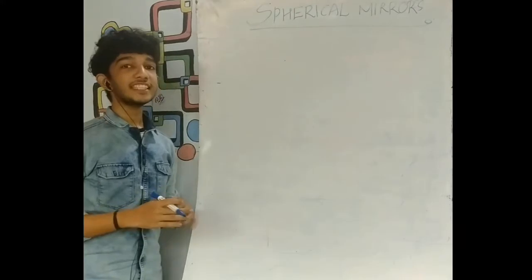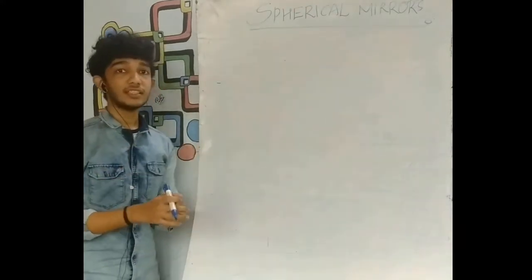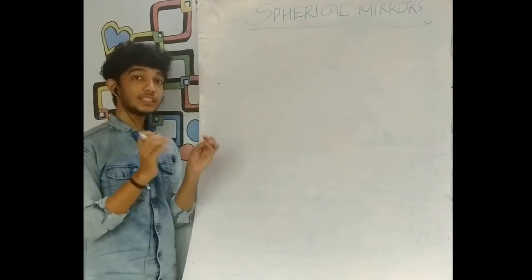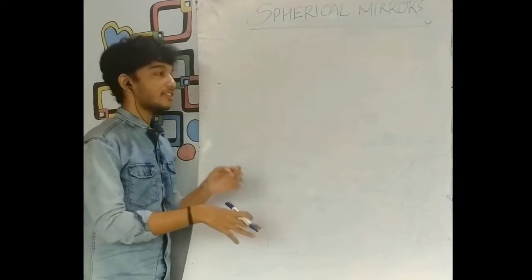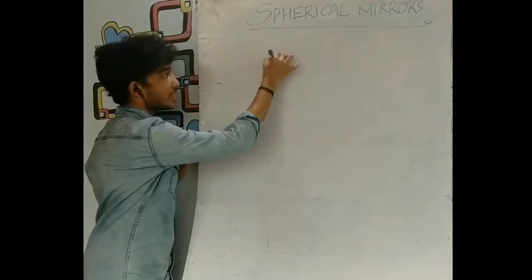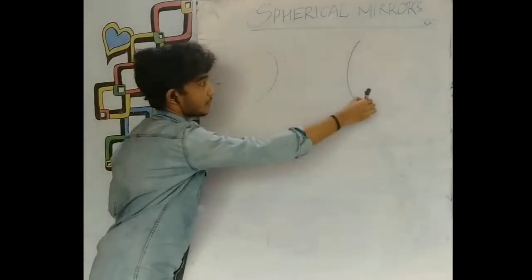Before getting into the topic, let us know what spherical mirrors are. Spherical mirrors are those mirrors whose reflecting surface is spherical. That means either the reflecting surface will be curved inward or it will be curved outward.